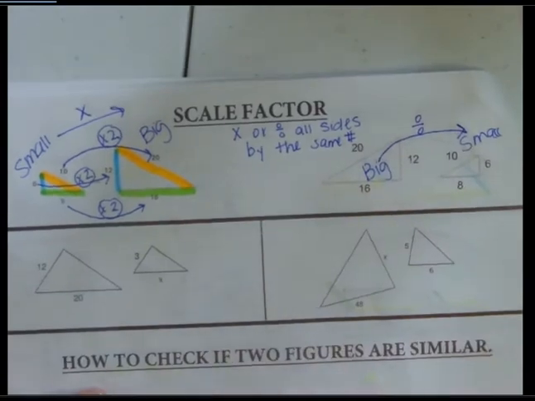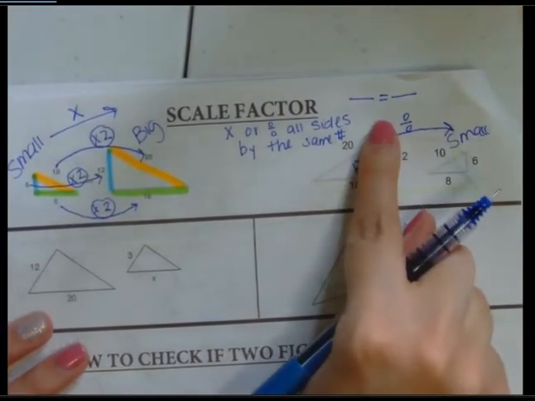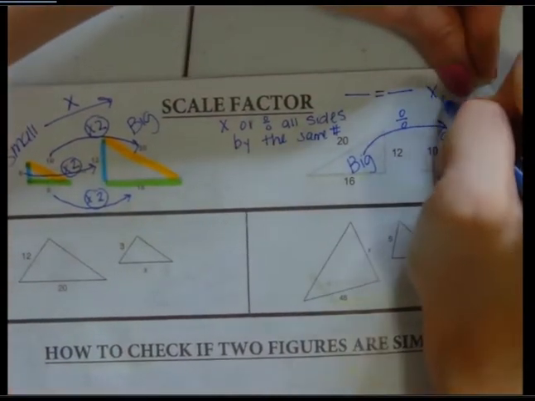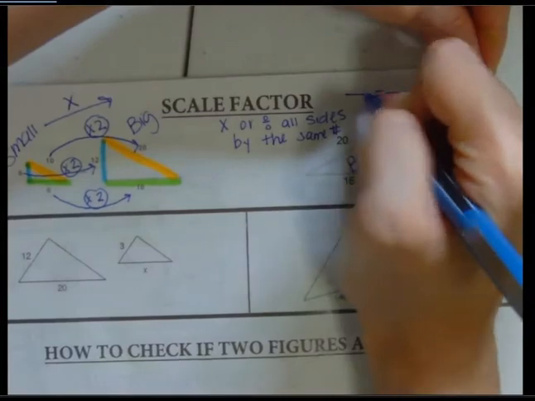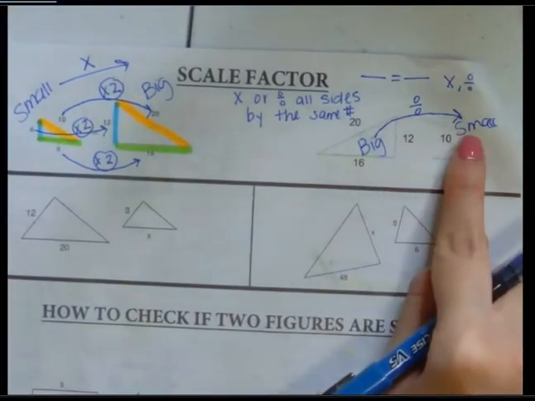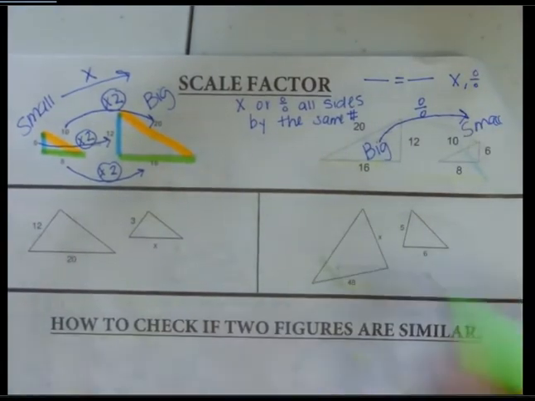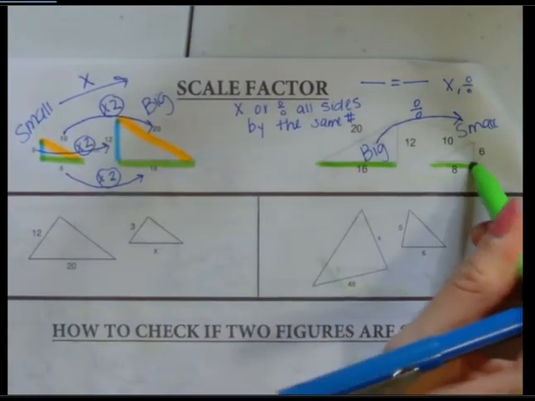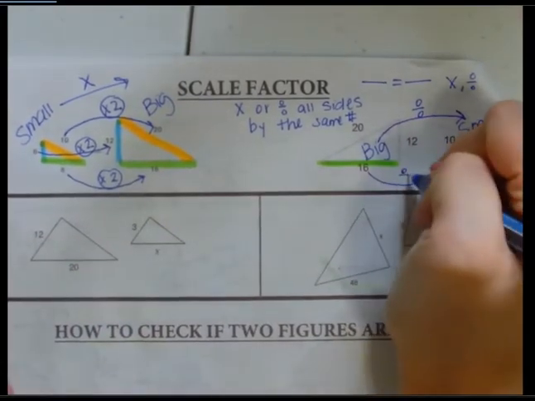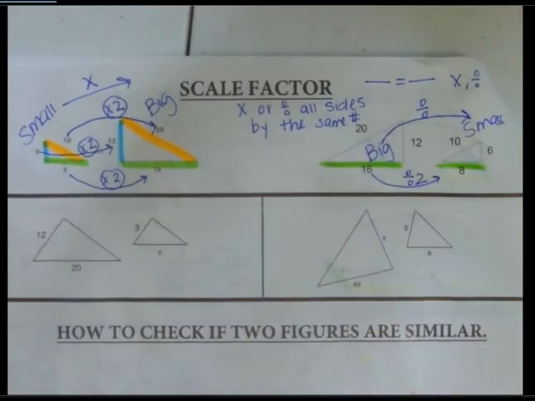There's no adding, no subtracting, because think about it. When you have a proportion, the two operations are multiplication and division. So when we're going from big to small, we're going to divide, and you can see it here. From 16 to 8, if we're going backwards from the big one to the small one, we divide by 2. The scale factor is still 2.